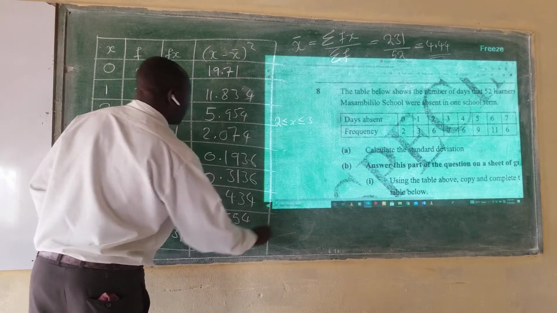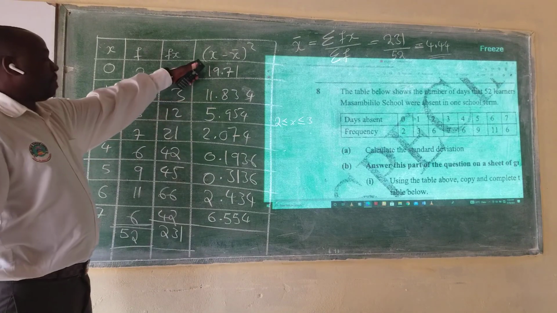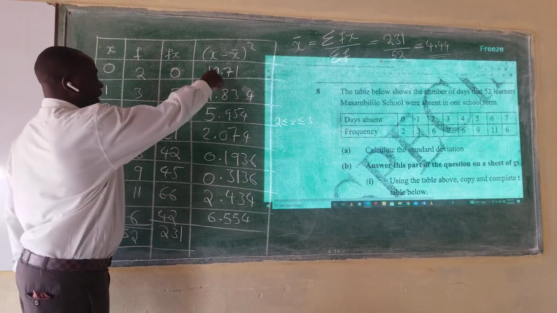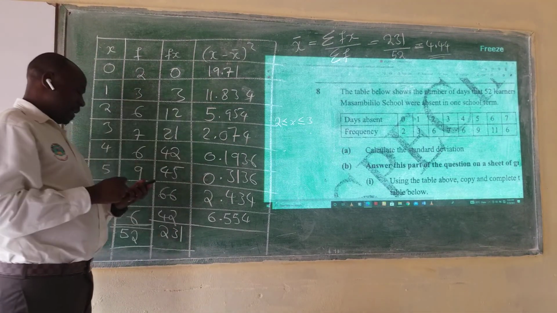6.554. Now the next part is we are going to also sum this column. We are going to add all these figures.